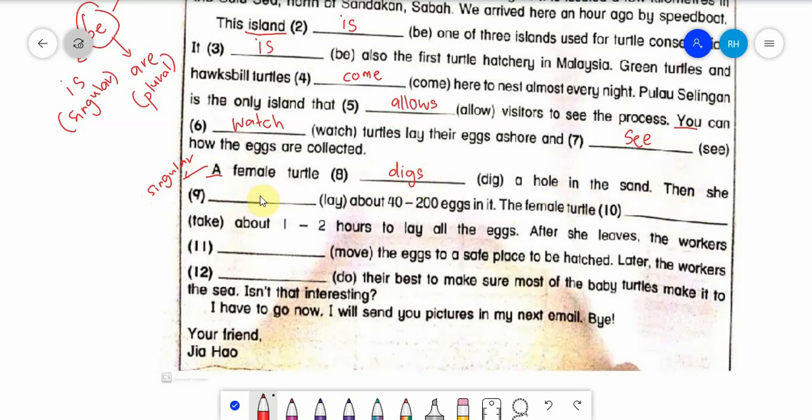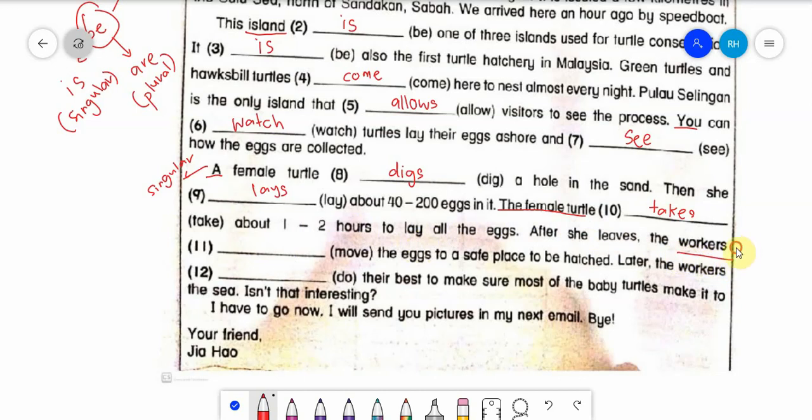Then she lays about 40 to 200 eggs in it. The female turtle takes. Why takes? Because there is only one turtle mentioned here. Takes about 1 to 2 hours to lay all the eggs. After she leaves, the workers.